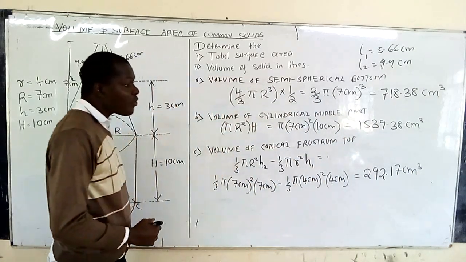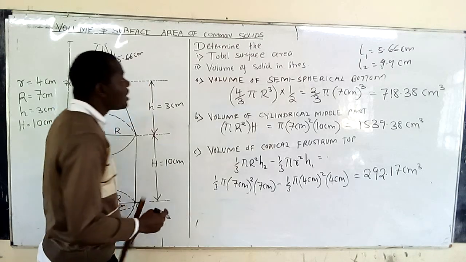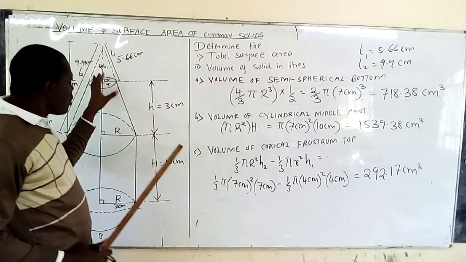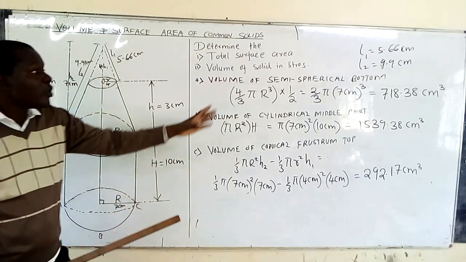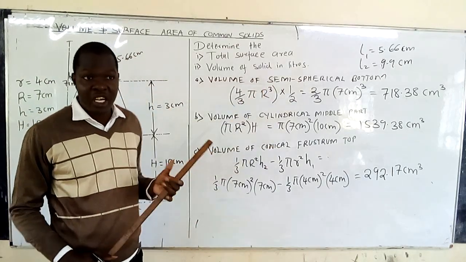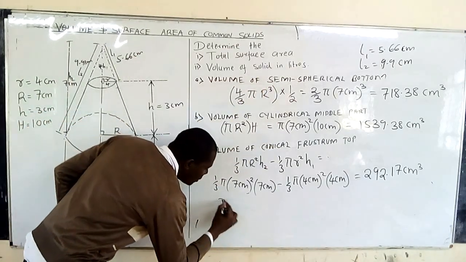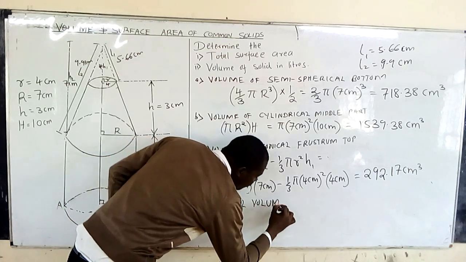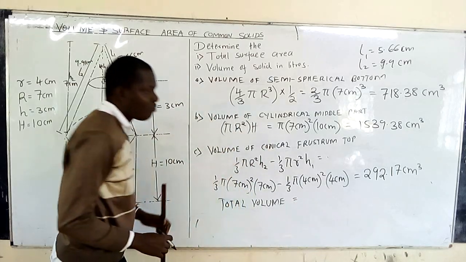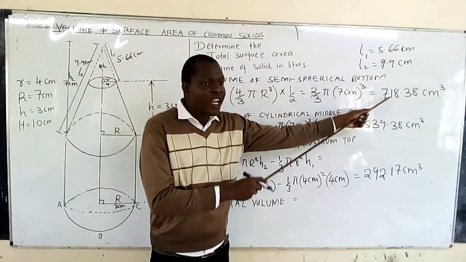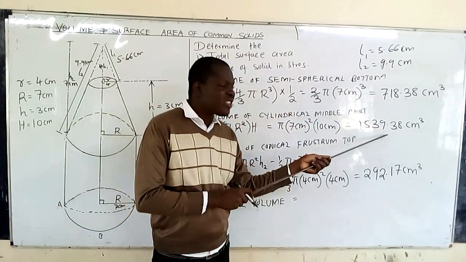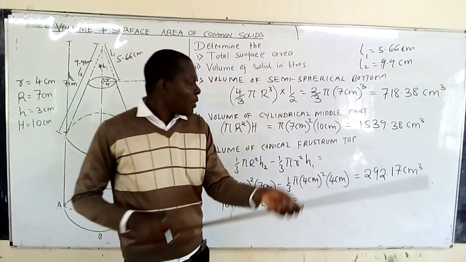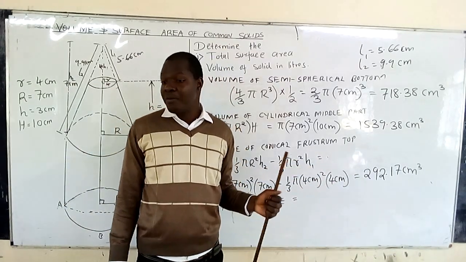Now what we are looking for is the total volume. The total volume, meaning when you are looking for the volume of this solid, you add all the volumes of each and every part. So the total volume is going to be what? Total volume is equal to the volume of the semispherical bottom plus the volume of the cylindrical middle part plus the volume of the conical first drum top.